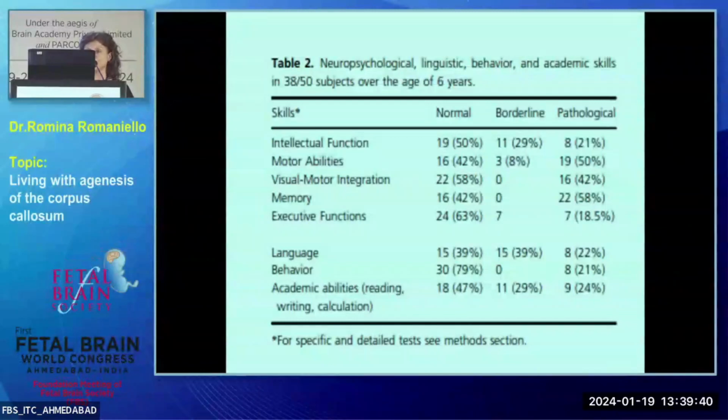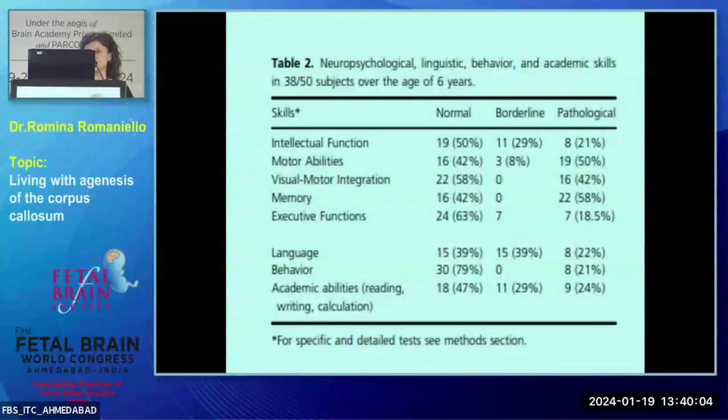Executive functions were normal in 63% of subjects, and pathological in 18.5%, the same borderline in 18.5%. Language was normal in 39% of subjects, borderline in 49% of subjects, and pathological in 22%.